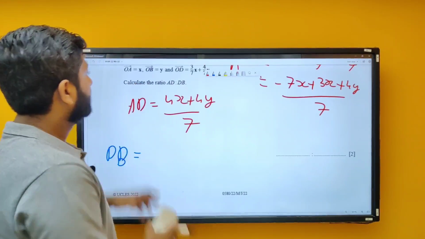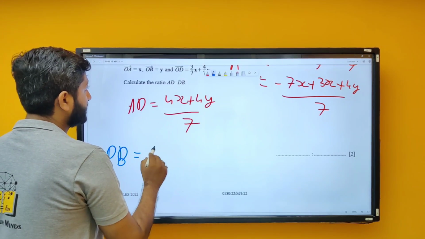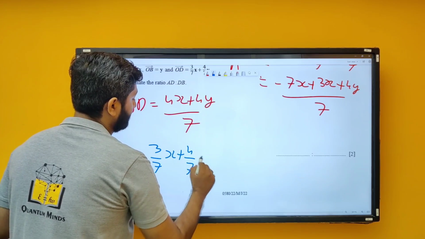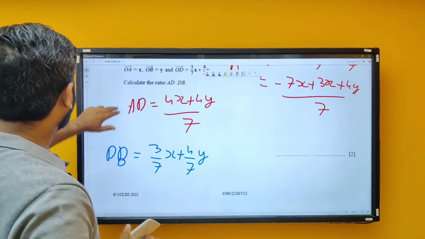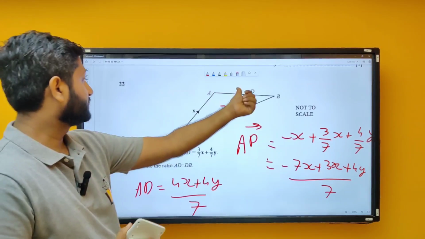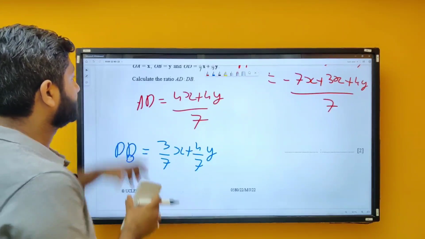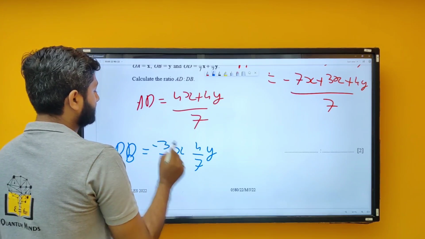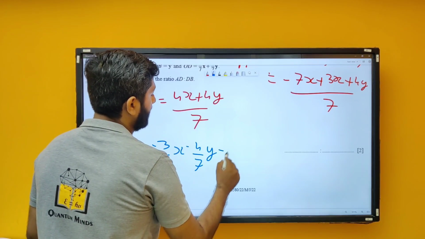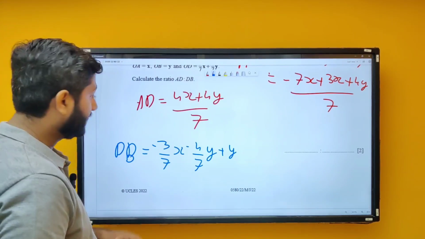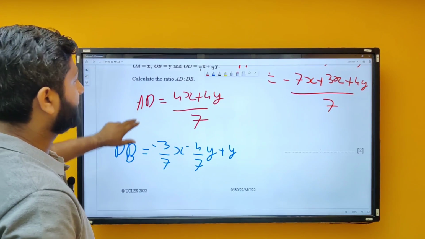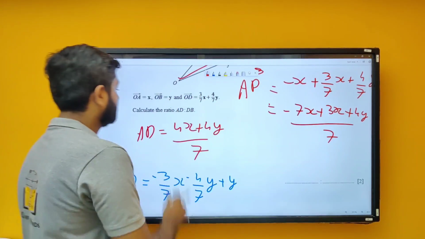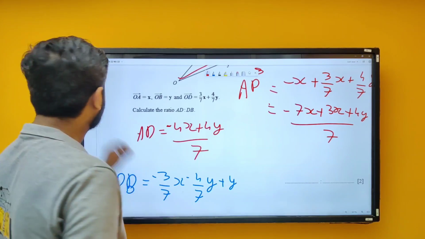So I have DB as the negative of 3 by 7x plus 4 by 7y, and I have plus y. Okay, one more mistake I have made. Minus 7x plus 3x is minus 4x. This is the mistake which I had made.